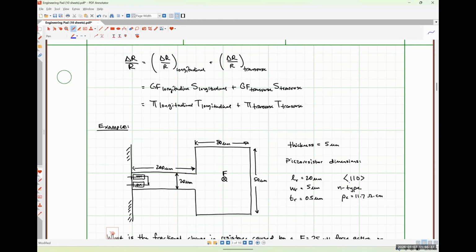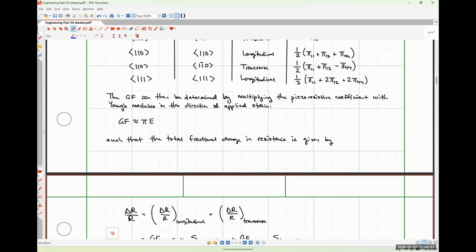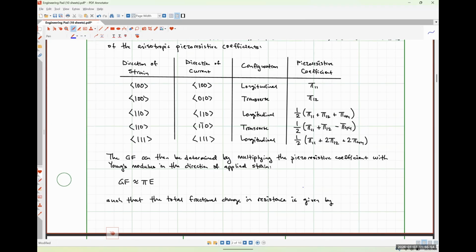All right, so we're told here that our piezoresistor was created using the 110 crystal plane, and current is flowing down the long dimension of the piezoresistor. So if we come back up here, we're looking at this situation, right? Here's our direction of strain. Here's our direction of current.